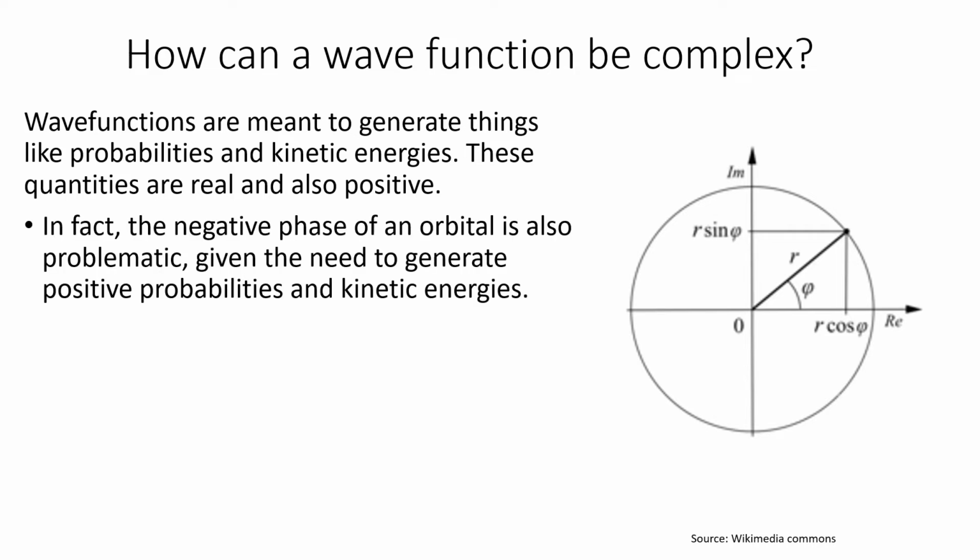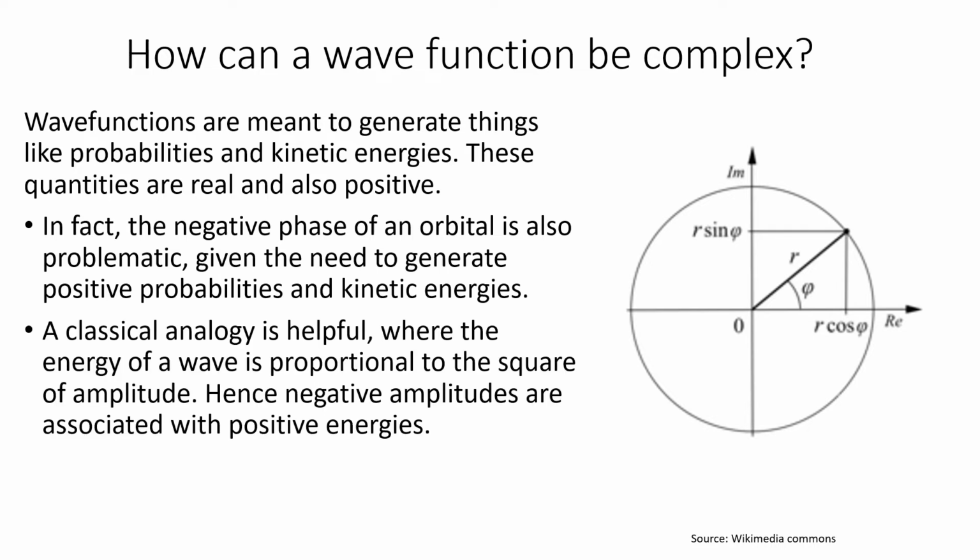And in fact, just to expand the problem out into a more general sense, you could argue that even the negative phase on a wave is slightly problematic, because if you're looking at a trough, like a negative phase of a wave, it might be negative valued in its amplitude, and yet it might be meant to represent a positive quantity like a kinetic energy. What do we do about these negative phases?